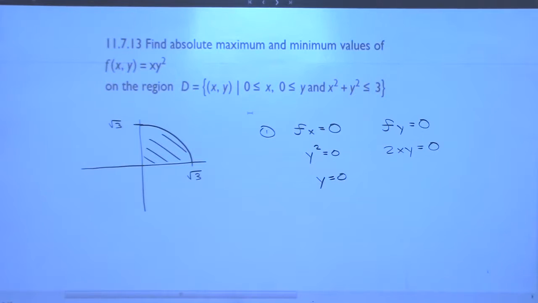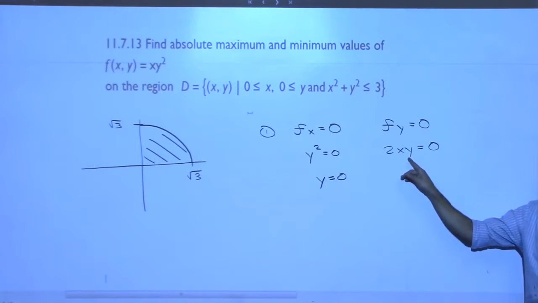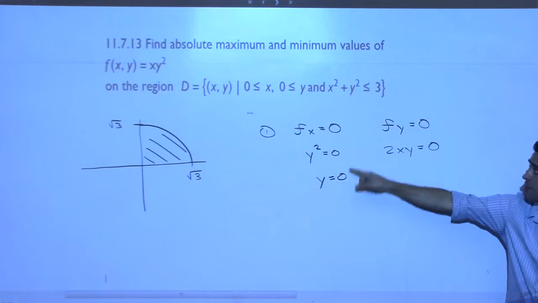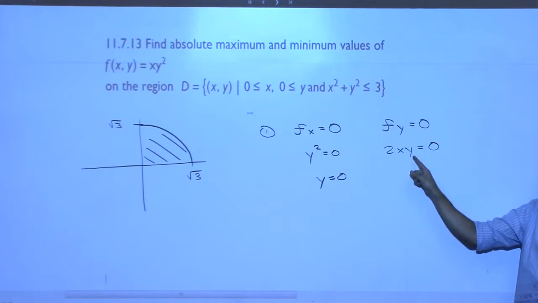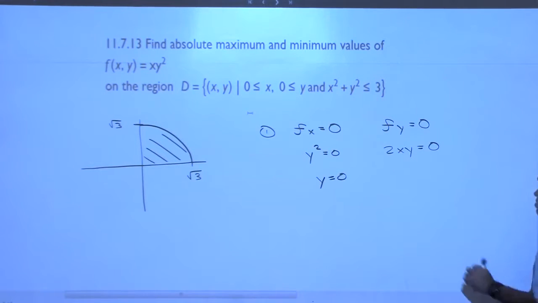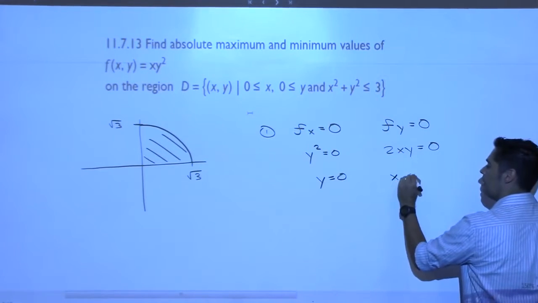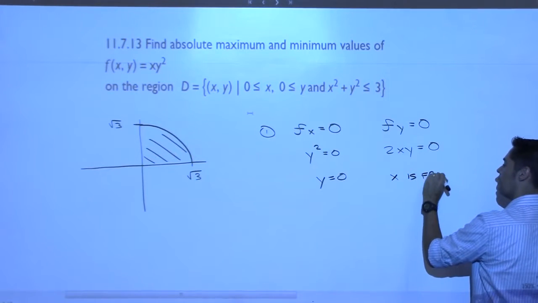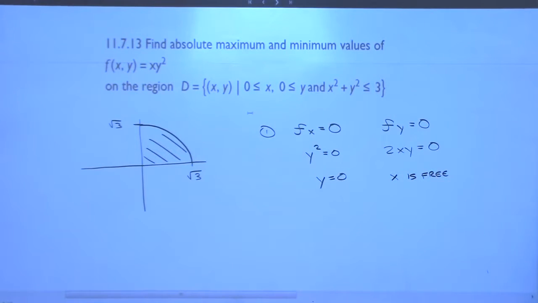No? Why not? Because if y is 0, then it doesn't matter what x is, does it? If y has to be 0 to make that true, then y has to be 0 here, and then you can let x be whatever you want it to be, right? So we actually have x is free. Call it a free variable. It's free to be whatever it wants to be.